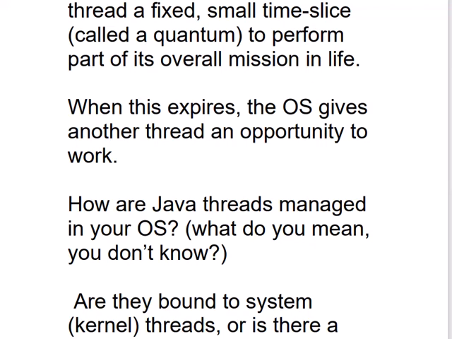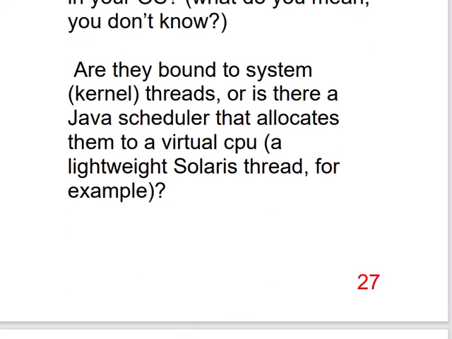You might have a Unix machine, or a Mac, or a Windows 10. And if you don't know, you could just find out simply by Googling the question. And how does your operating system manage kernel threads?